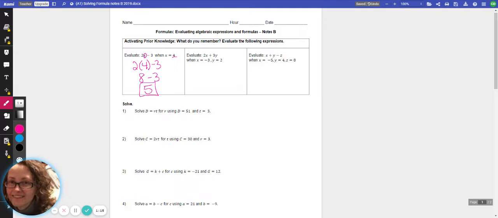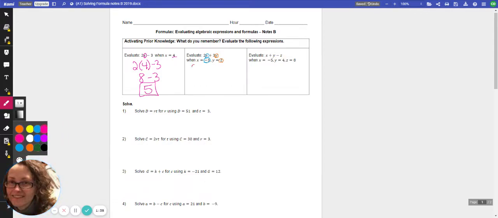When I evaluate 2x plus 3y, again, I'm going to substitute in every time I see an x value. I'm going to substitute in a negative 3. And any time I see a y value, I'm going to substitute in a 2.